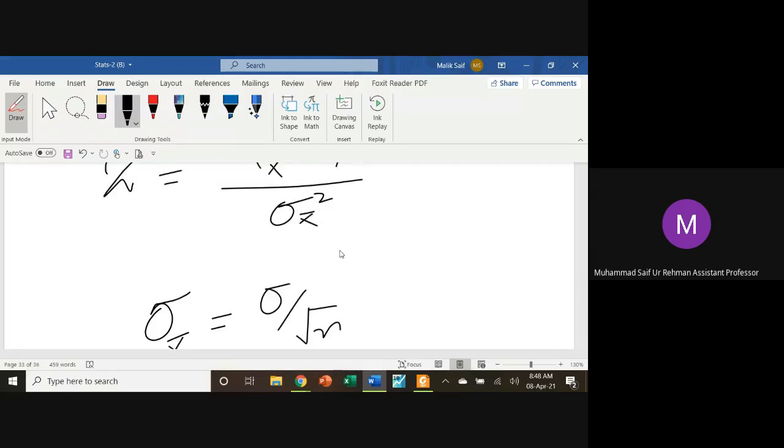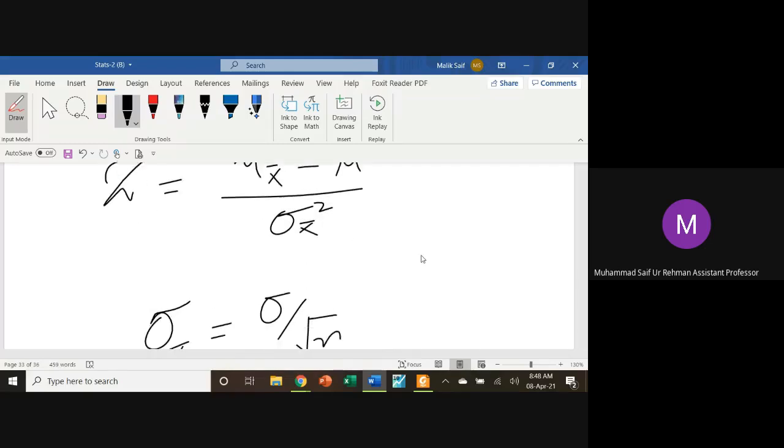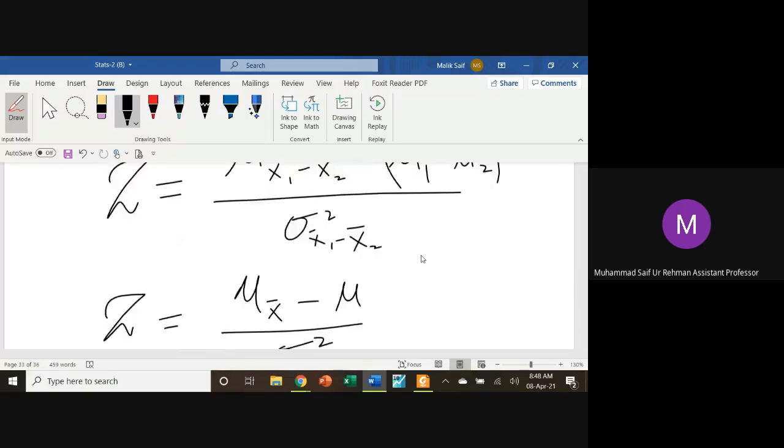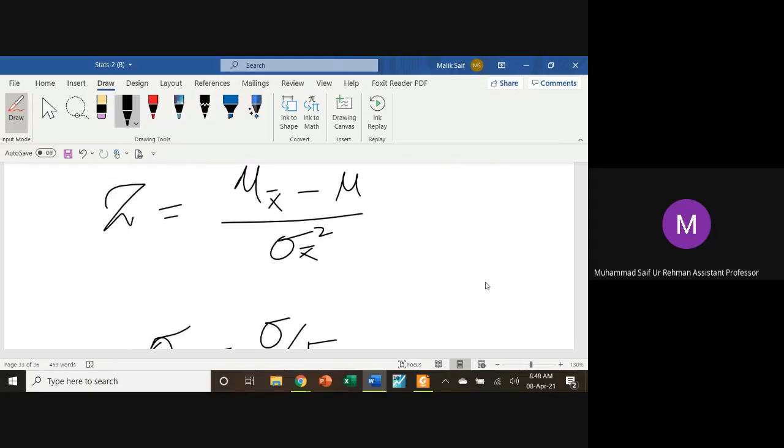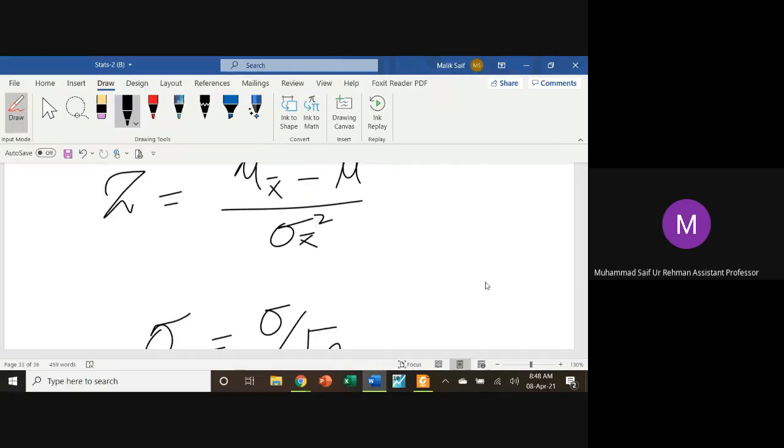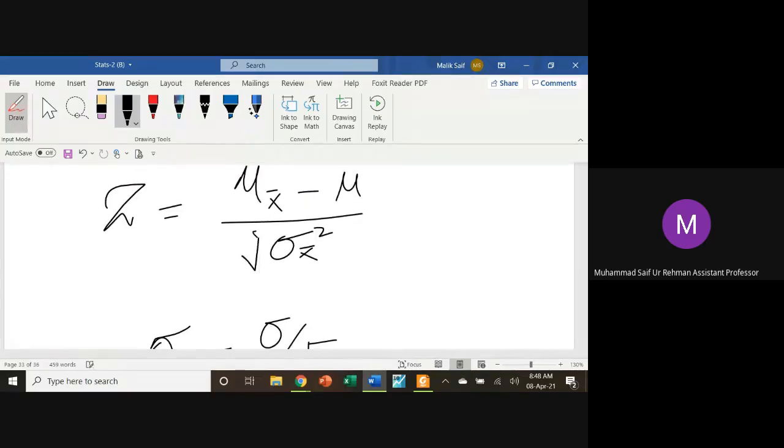So similarly, if you take sigma square over here, then square root will be here, right? And if you are going to take sigma square over here, square root will be here.